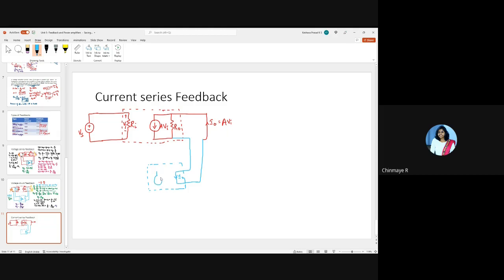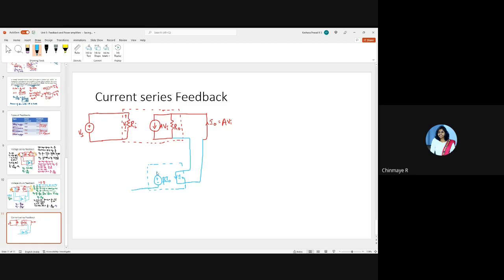So then, since your feedback factor is beta, this will be beta times I naught converted to voltage because this has to be fed back in the form of a voltage. Correct? So you have the entire current I naught flowing here. So your feedback factor is beta. So therefore you'll have a voltage source here which is beta times I naught. That is, you're converting a part of the current to voltage here. That depends on your feedback factor beta.